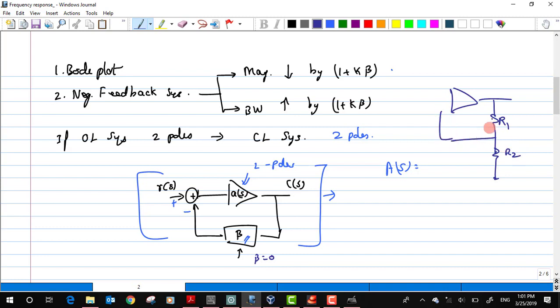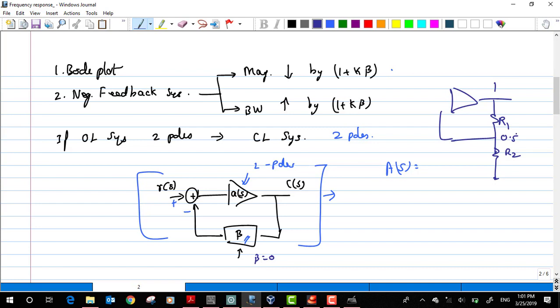If I'm tapping here, this value is say 1 volt, and here when I tap, I will be getting a value in terms of decimals, like 0.5 or something like that, right? So I always feed back a factored value of my output to the input. Clear? So what is the maximum value that I can put back?